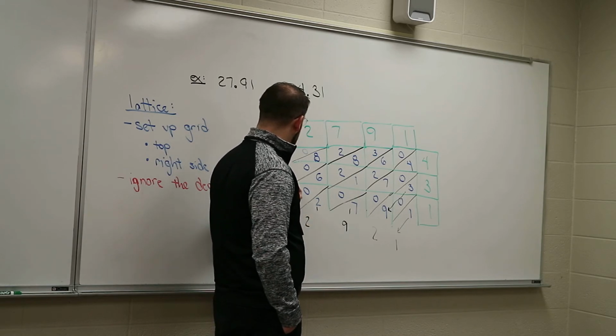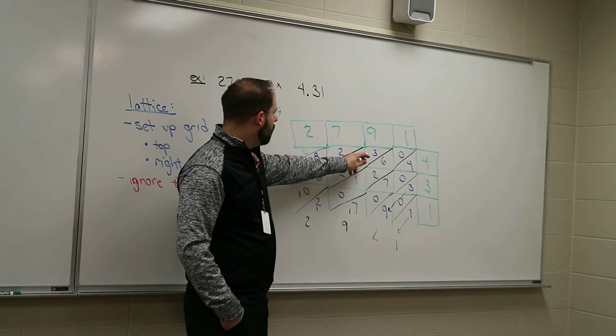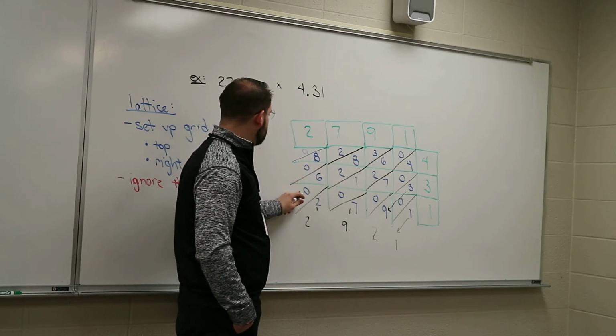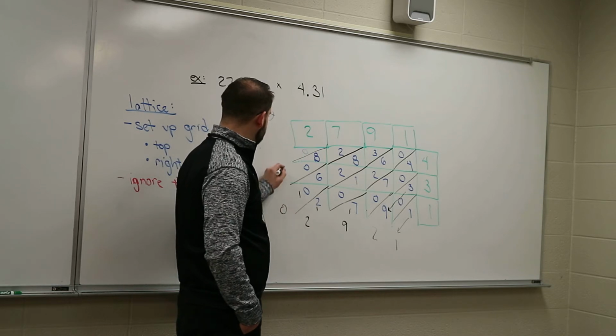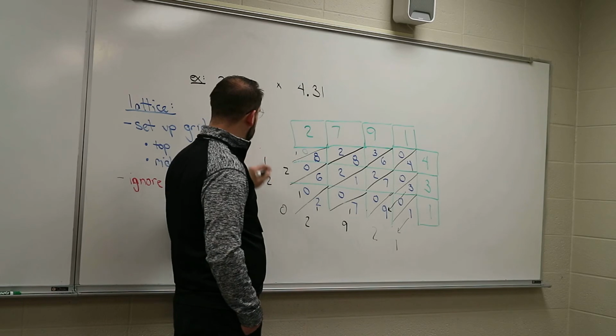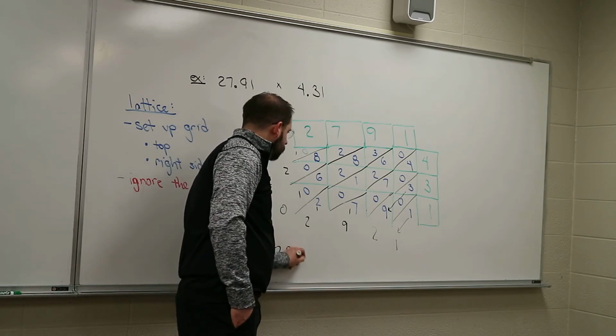So that's 12. Carry a 1 to the next column. Let's go to the next one. It's 11, 12, 13, 19, 20. Carry a 2. That's 10 plus 2, which is 12. Carry 1 to the next column, and that's 1. So my answers are 1, 2, 0, 2, 9, 2, 1.